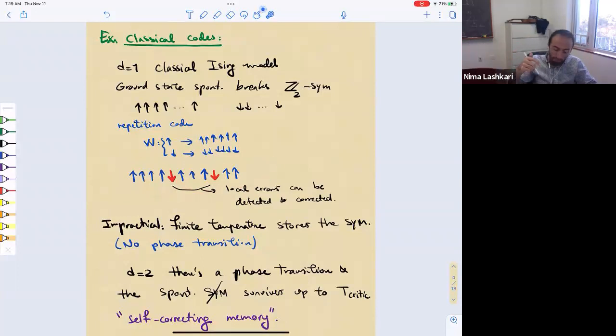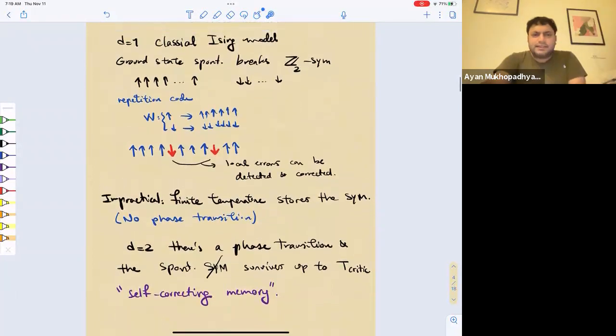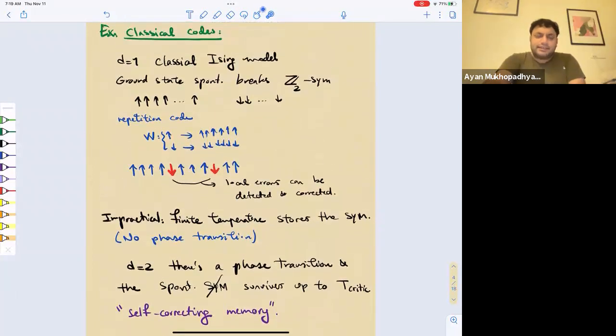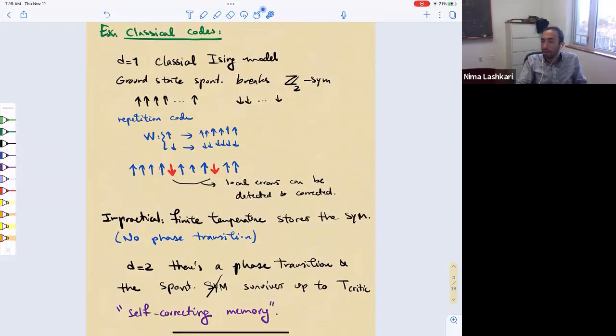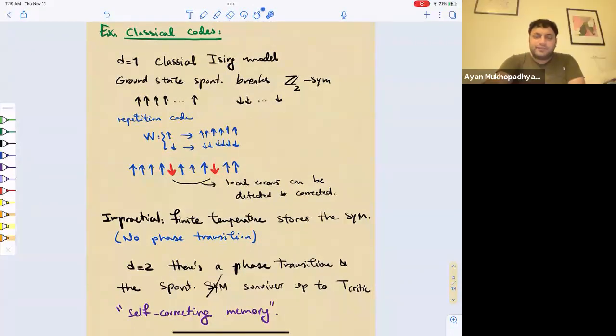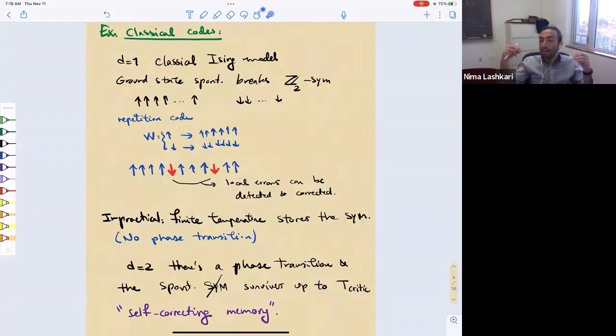Nima, can I ask something here? Yes. These errors are correlated, right? Because they're not independent. No, I'm imagining independent errors. Yeah, but we know that there are ground state correlations. Those correlations are in the code states you have prepared.